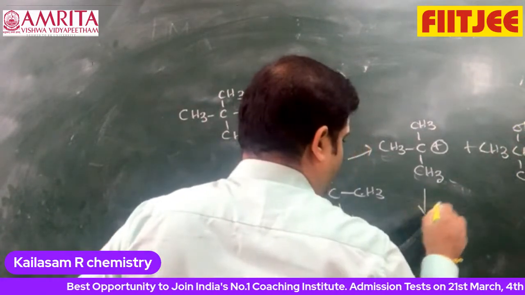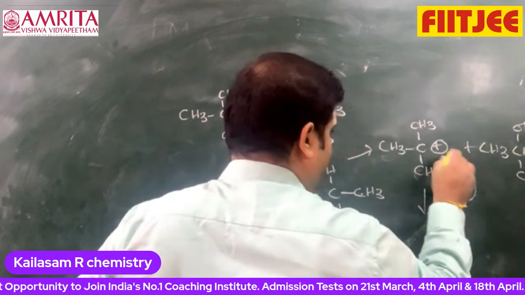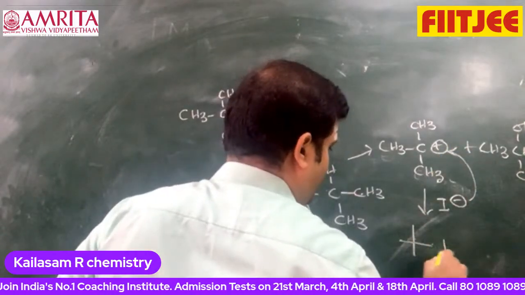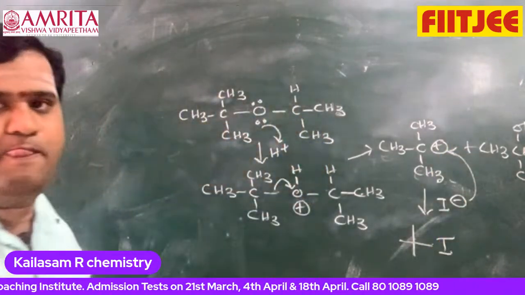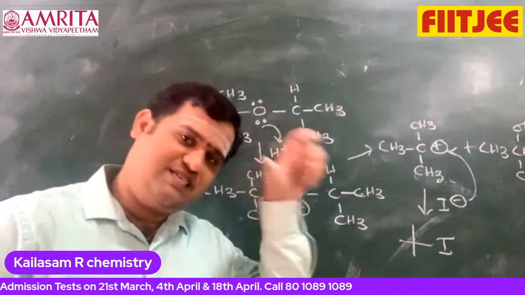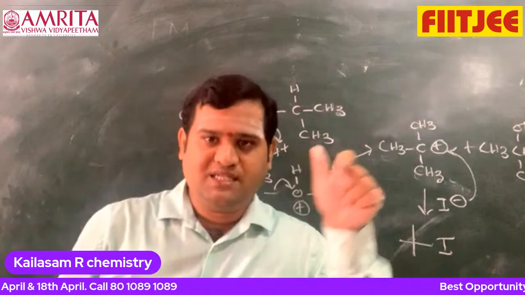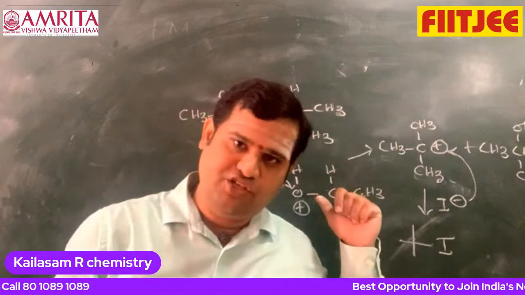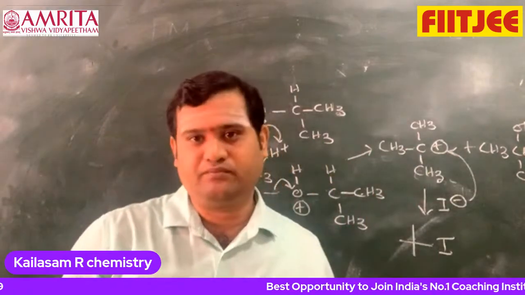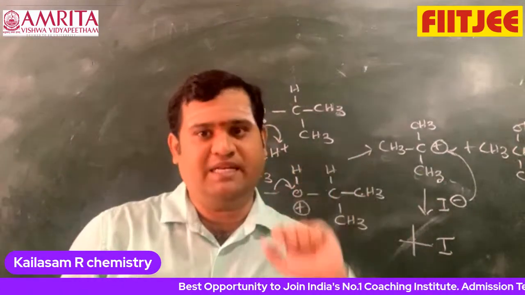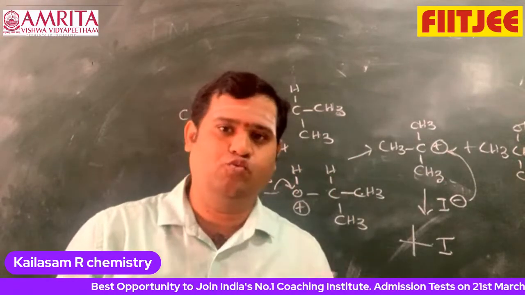Now I minus attacks, and I get the tertiary iodide. That's all. Please keep it in your mind: bulky unsymmetrical ether, HI cleavage is followed by SN1. Simple unsymmetrical ether follows the SN2 mechanism.